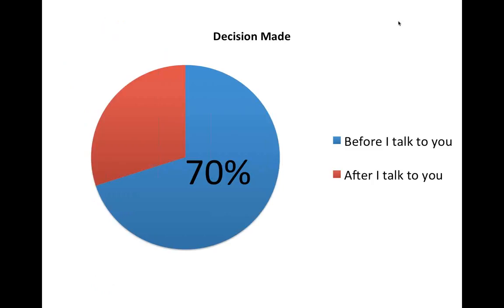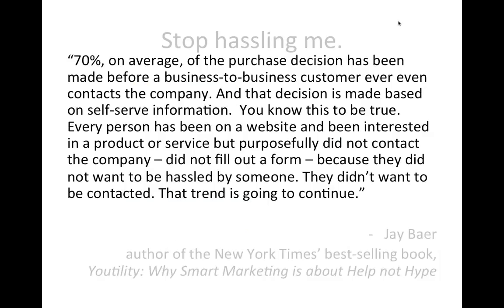It's important to understand that in the business decision-making process, in the life cycle of how people make their consumption decisions or any big decisions, 70% of the decision is made before they actually talk to the business. And one of the reasons for this, and this goes back to the question that I asked you earlier on, is that a lot of people don't contact businesses directly because they feel like they're going to get sold and get hassled.